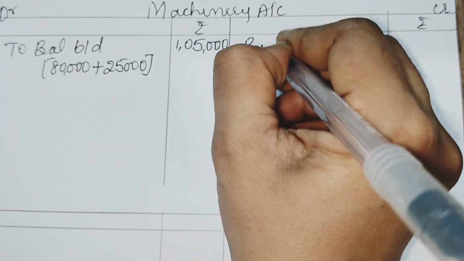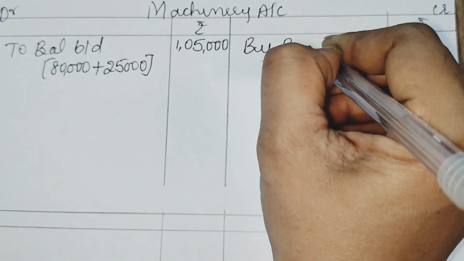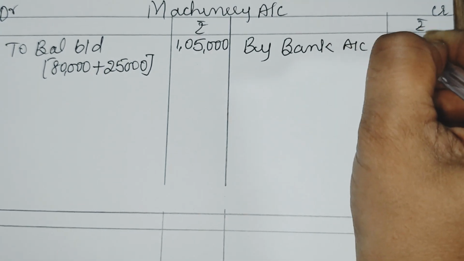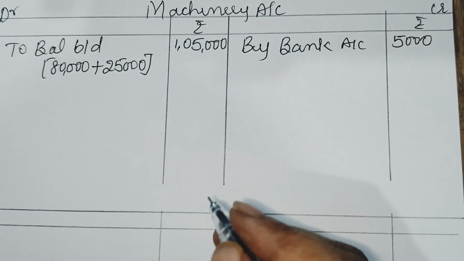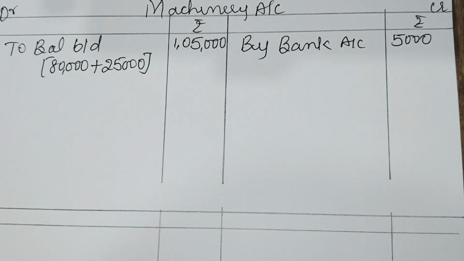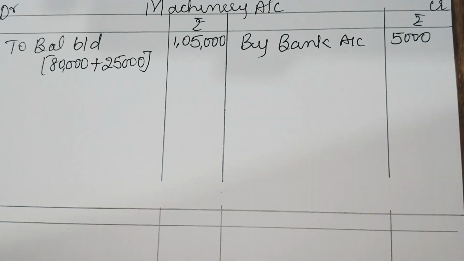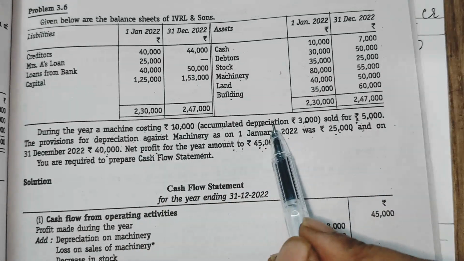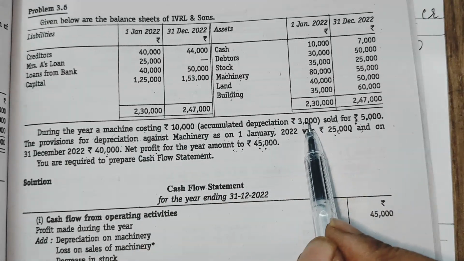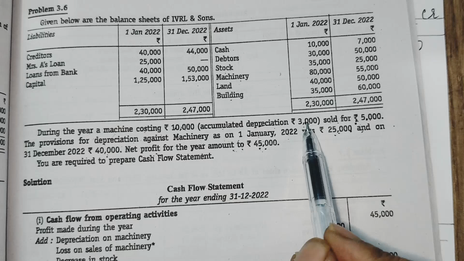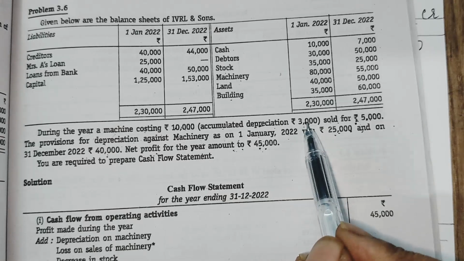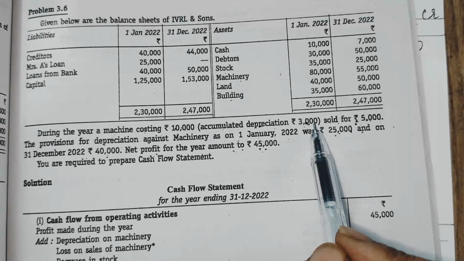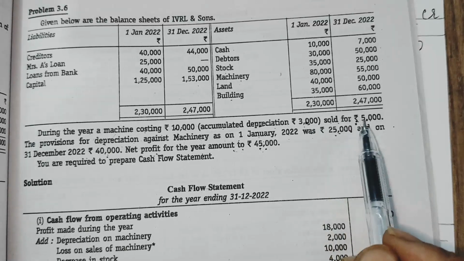And there is a sale of the machinery. Sale we are crediting by bank account, 5,000 we have sold. And there is a loss on the machinery. How is there a loss on the machinery? See here. The machinery costing 10,000, accumulated depreciation is 3,000. 10,000 minus 3,000, it is 7,000. Now the value is 7,000, but it was sold for 5,000.